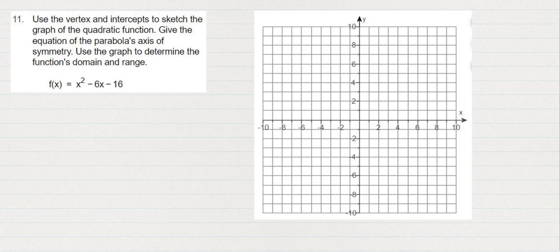Just a couple more examples in this video. We could use the vertex and intercepts to sketch a graph. So if I were to sketch this graph, the vertex, I could use the formula x equals the opposite of b over 2a. A is 1, b is -6.